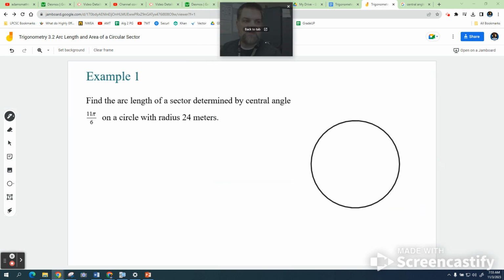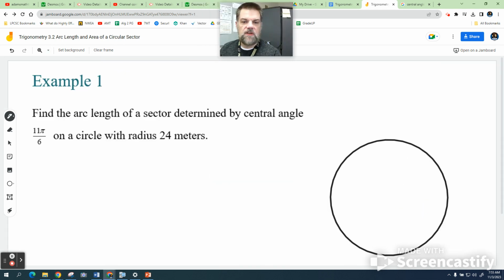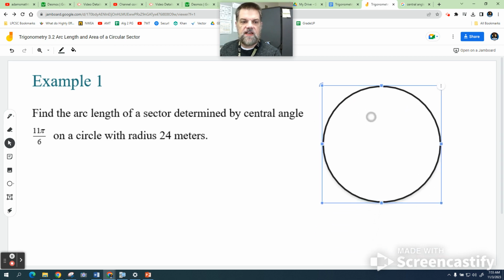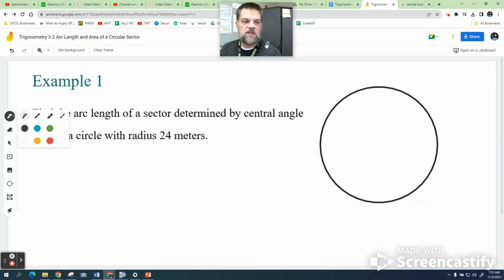So for example number 1, I'm asked to find the arc length of a sector determined by the central angle 11 pi over 6. Now, because I see pi, what does that tell you about that measure? It's in radians, right?